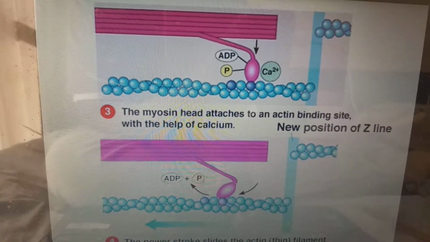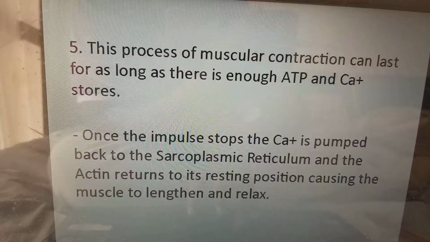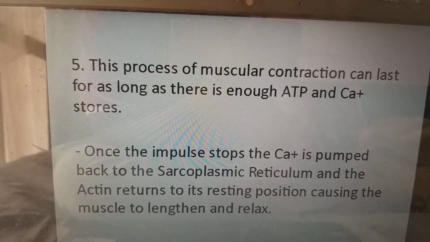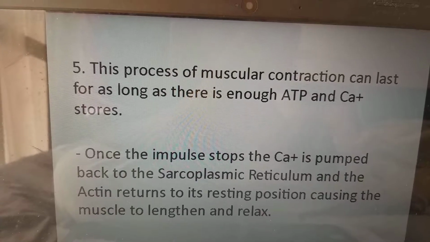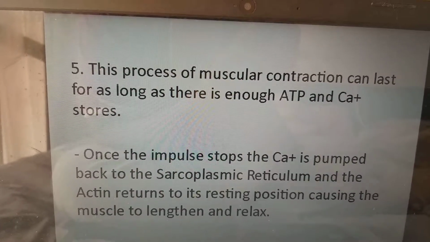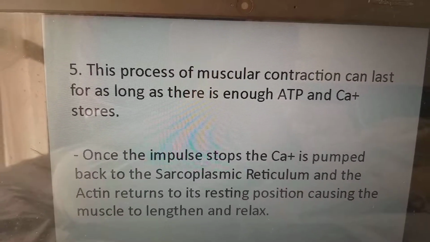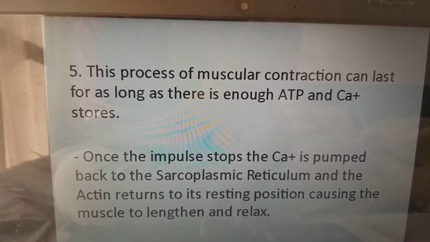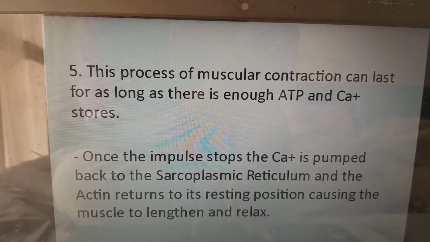The power stroke slides the actin thin filament. This process of muscle contraction can last as long as there is enough ATP and calcium stores. Once the impulse stops, the calcium is pumped back to the sarcoplasmic reticulum and actin returns to its resting position, causing the muscle to lengthen and relax.